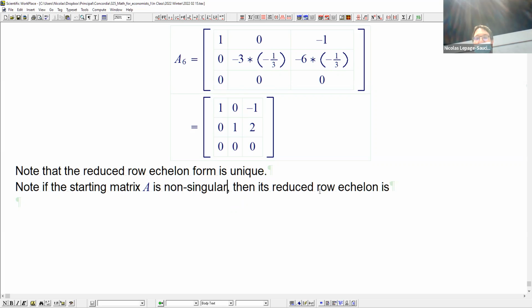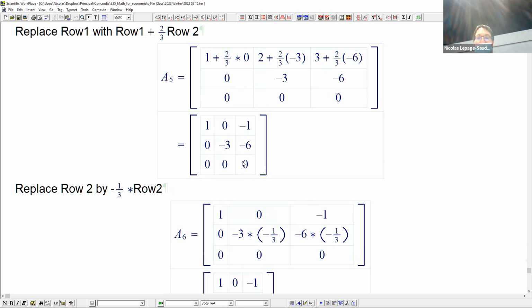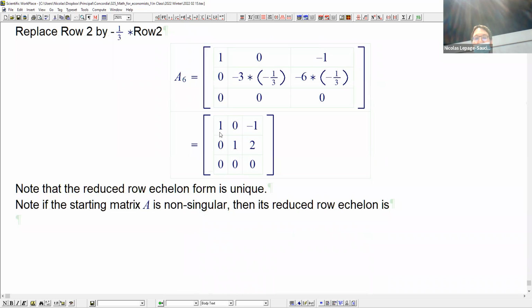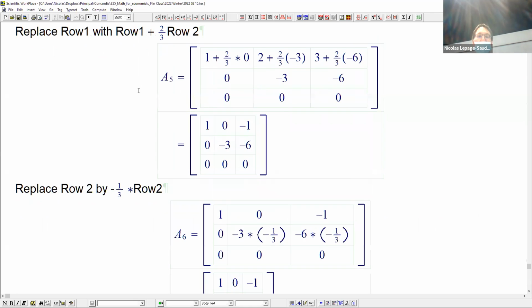So if it's the case, then I would have had a number here. So I would have been able to get rid of this and this as well, and then multiplied it, and I would have gotten the identity matrix. Simply.